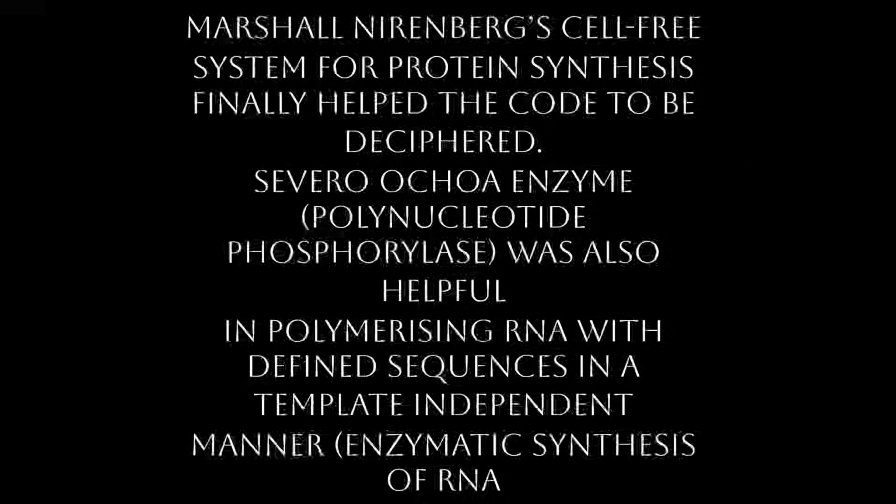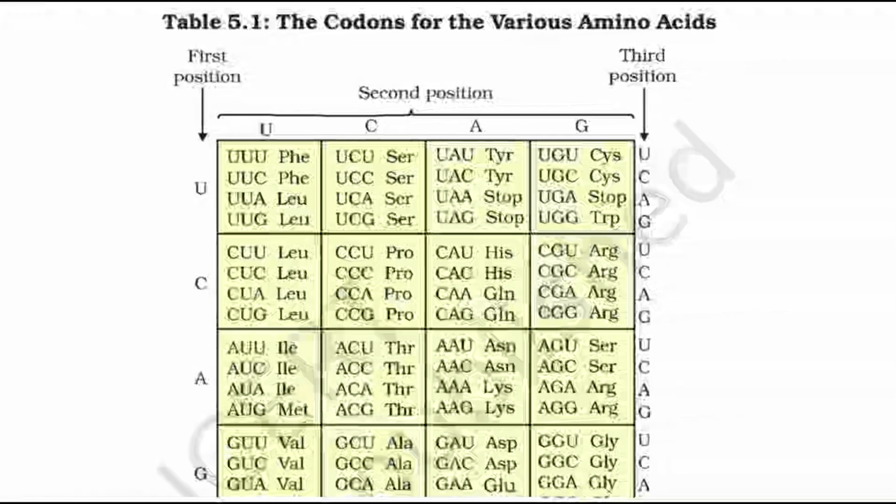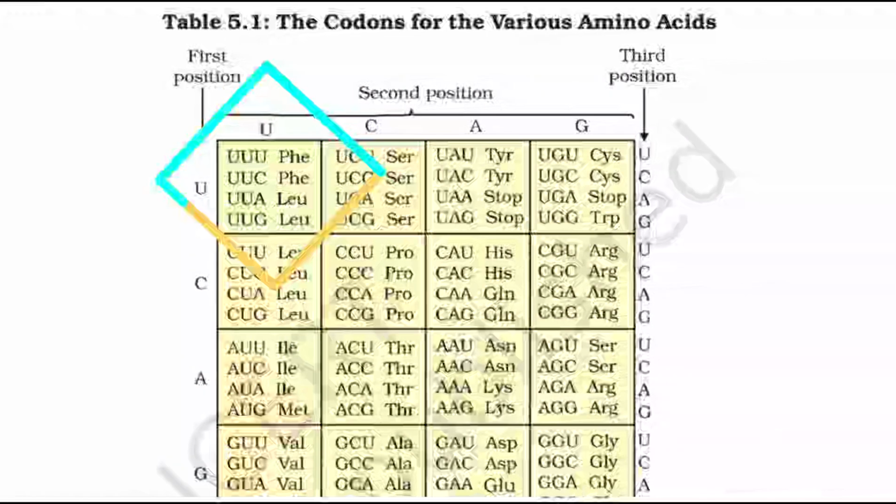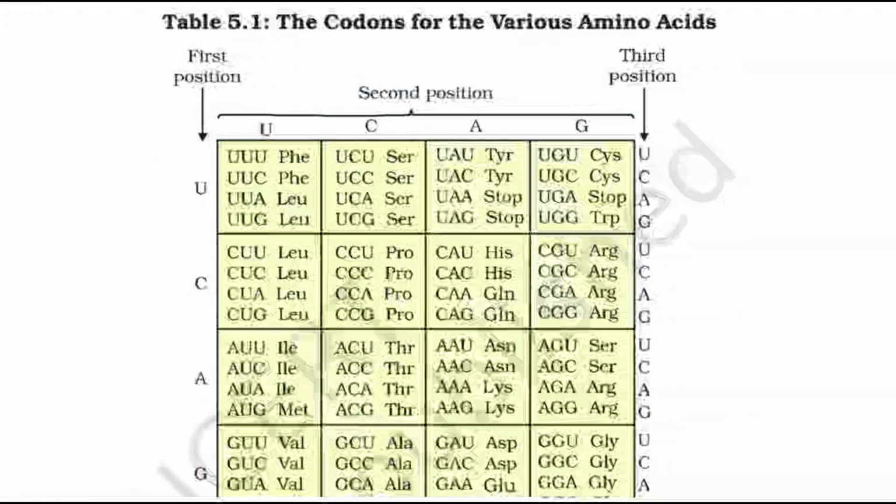Now we will draw this checkerboard in an easy way. Always remember, when you are drawing the code, one sequence is repeating, like UU; we will write it double, and then UCAG, all the base names we will write, and it will form. It is an easy way you can learn. Similarly, each alphabet you have to write, repeating U 4 times, then C 4 times, then A and G 4 times.